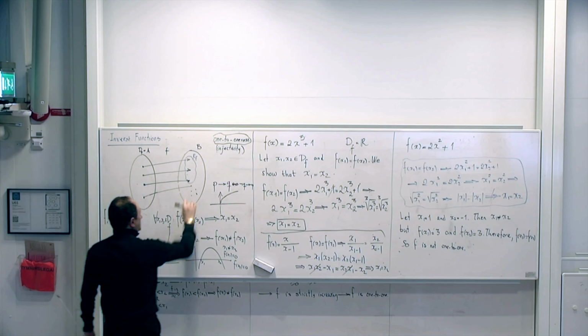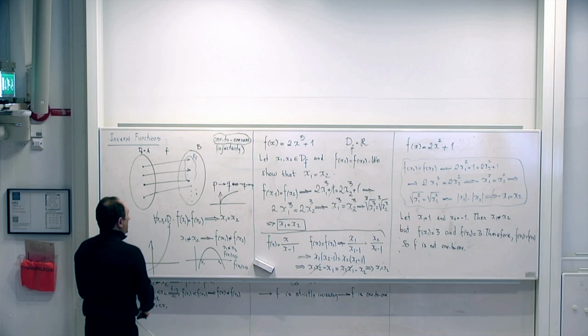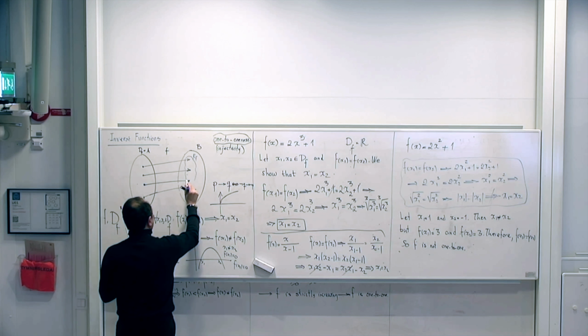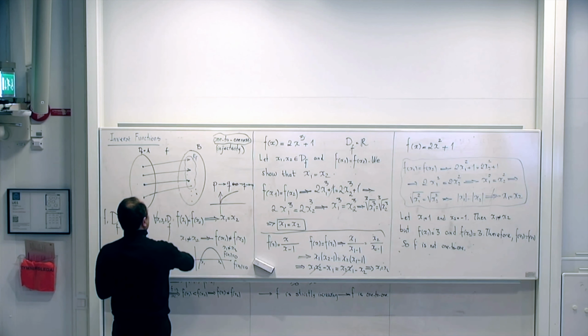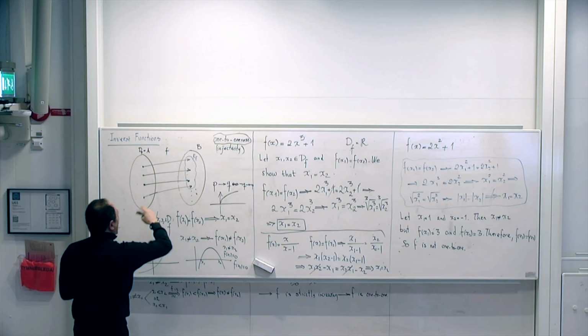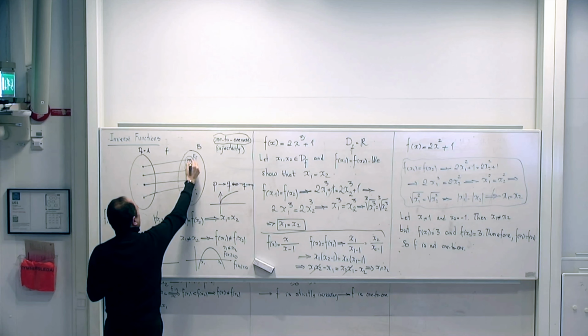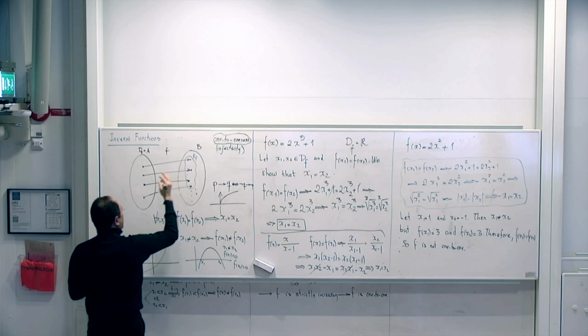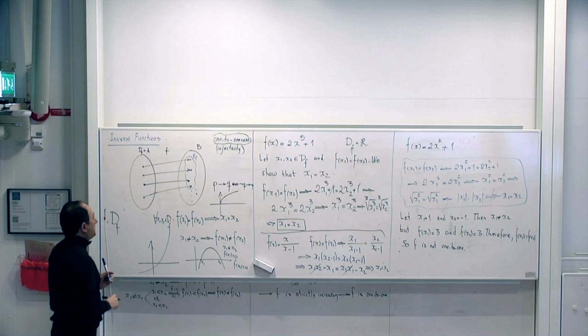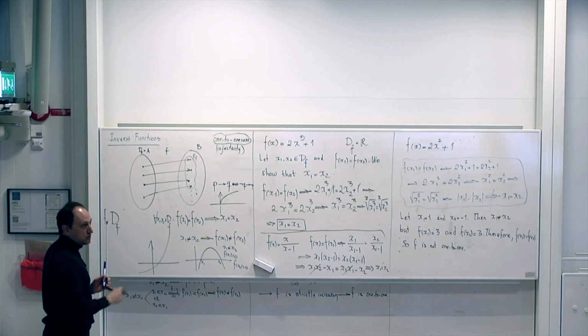Of course, then I have to increase the range of my function to cover that one as well. Now what you see is that I have a function. Do you agree that this function is 1-to-1? Yes.